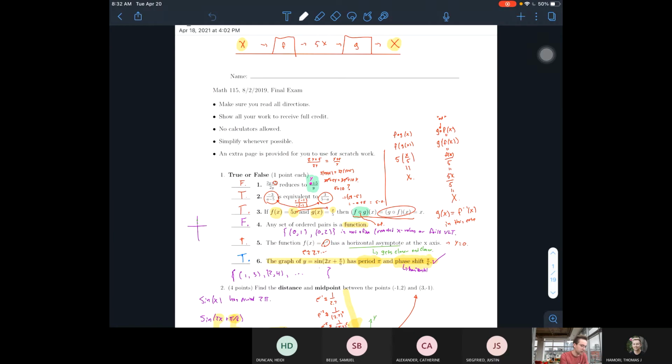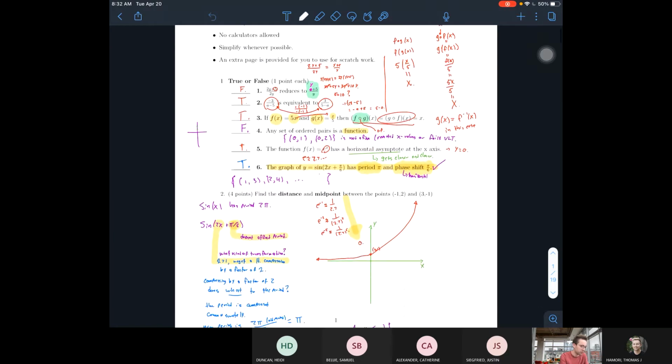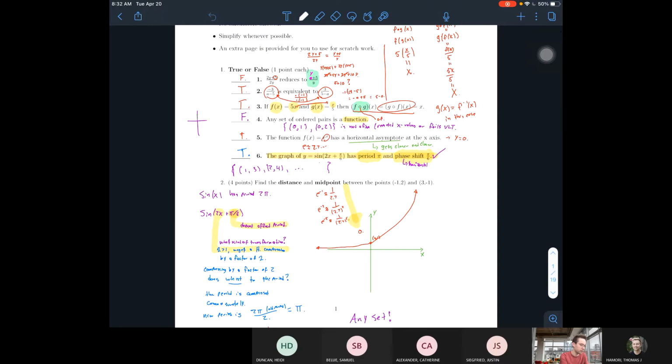So last time we talked about these true and false questions. We went through all of those. They reviewed some basic cancellation of rational expressions, inverse functions, and what it means for a set of ordered pairs or a relation to be a function.